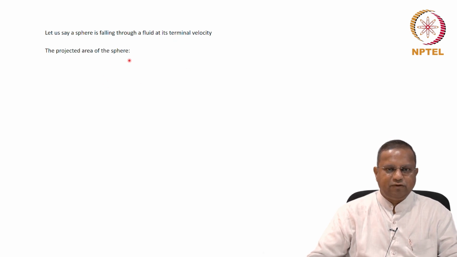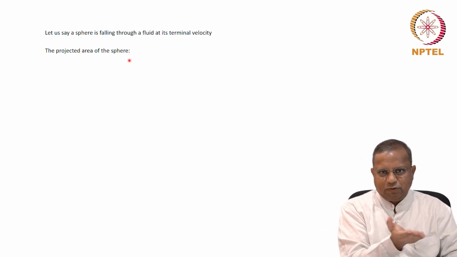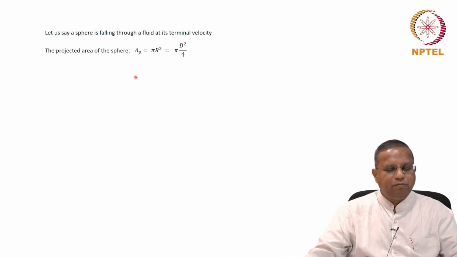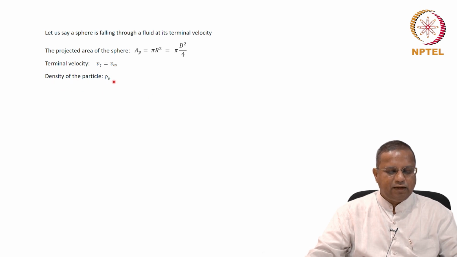The projected area of the sphere, the plane that is normal to the direction of fall, would be a circle, of course. Therefore, the AP is going to be pi r squared or pi d squared by 4. Let us represent the terminal velocity as Vt, and let us say that it is equal to V infinity. The density of the particle is rho p. The density of the fluid is rho.